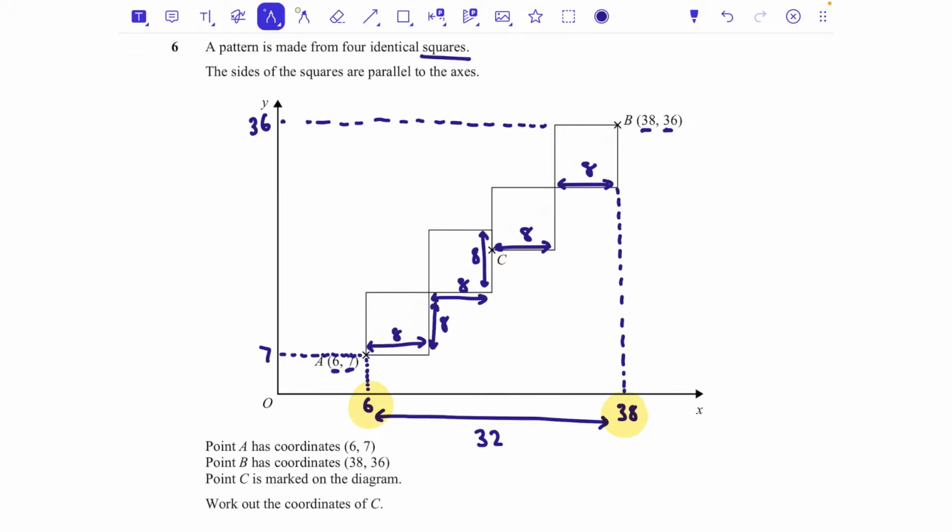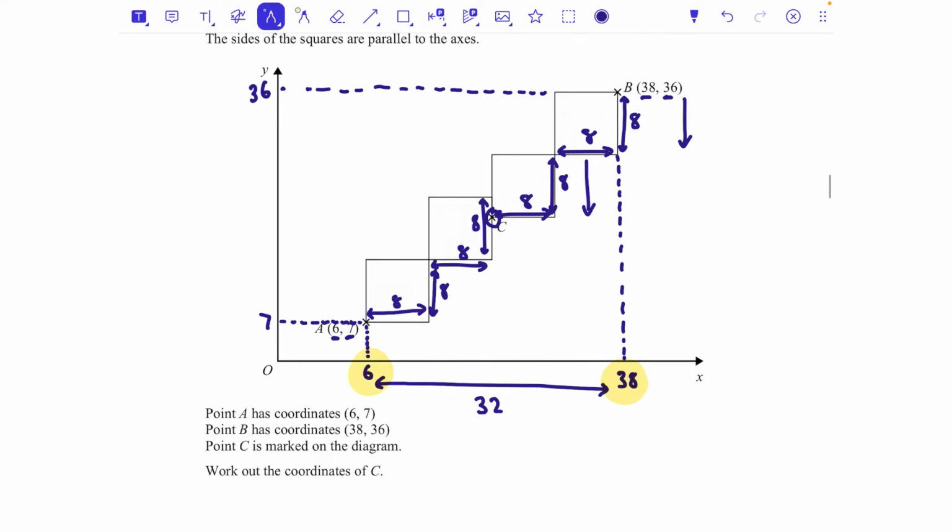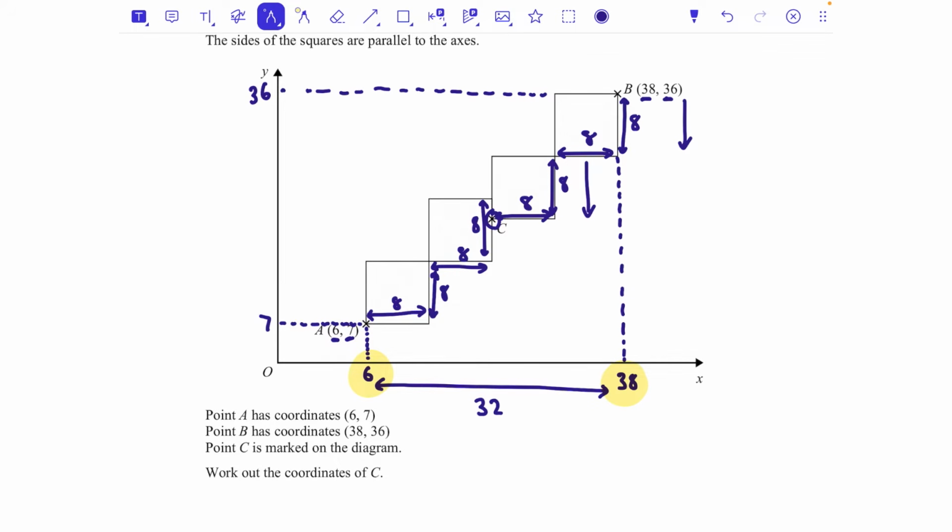Now that's a little bit annoying in the middle there, because we don't know where on that 8 that coordinate C is falling. However, if you look coming down from above, we know it's going to be 8 down and another 8 down, and that is in fact in line with that coordinate. So what can we do? We can either come across for the x direction, we can come across 16 from here, or we can come back 16 from here.